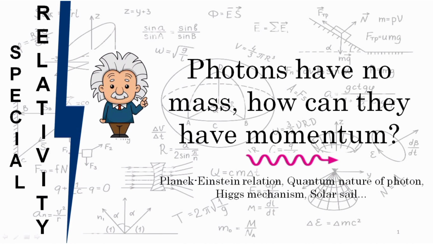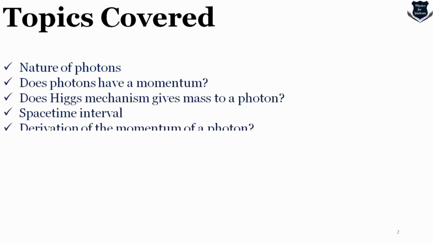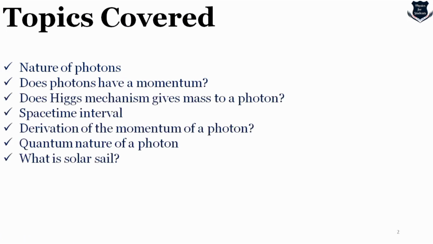First of all, let us look into what topics we are going to cover. First, we are going to understand the nature of a photon. Do photons have momentum, and what would be the mathematical way to derive and understand that? How does the Higgs mechanism work, and does the Higgs mechanism give mass to a photon?